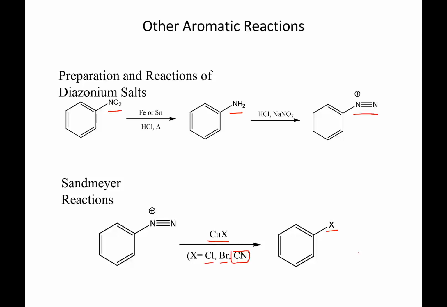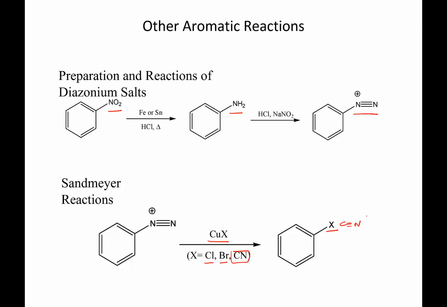You got to put the nitro, convert it to NH2, convert it to diazonium, react it with copper cyanide. And that would put a C triple bond N group on the ring. So there's one more group that we couldn't make previously on the chart. So now we know how to make that one.